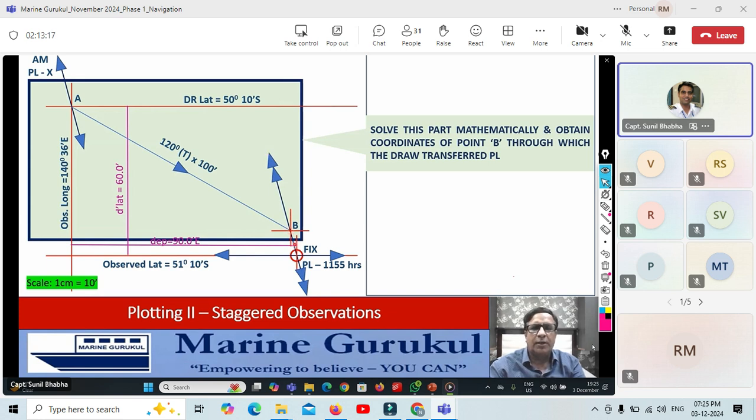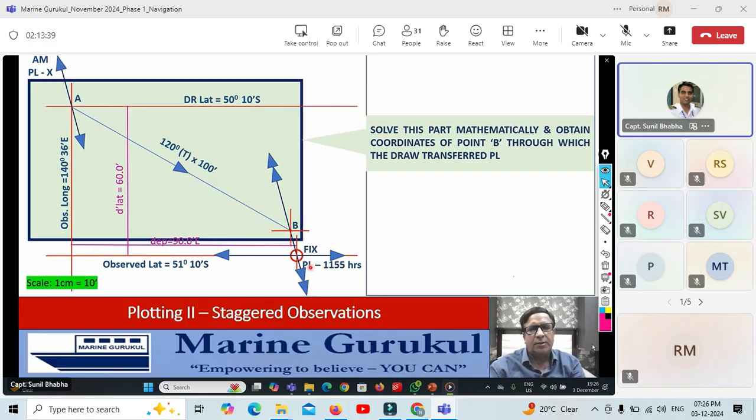That means we can now plot directly the transferred PL and we do not need to reference it to this point A out here. Why? Because all this has been mathematically done. Once we have this point B coordinates through which to draw the transferred PL, we also have the second PL.